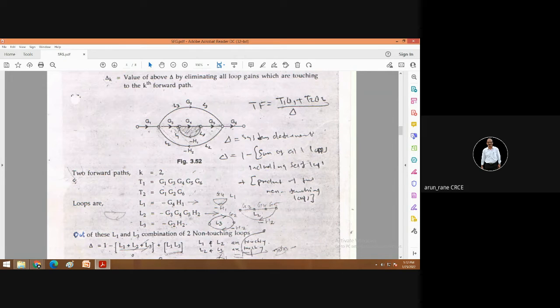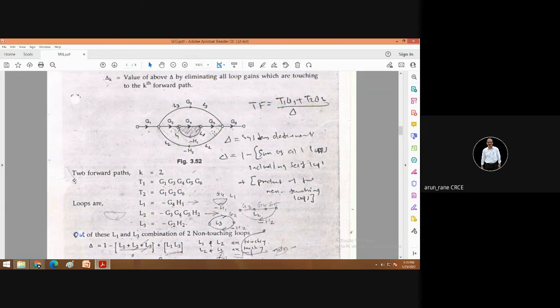Then L3. This is your L3. Similarly, L3 will be this gain G2 into H2, minus, so this is your L3, the feedback loop.